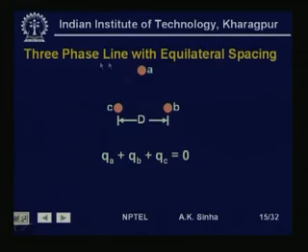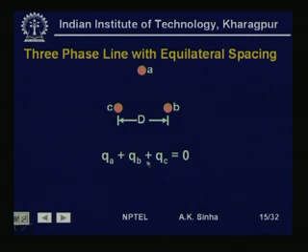We will start with the 3 phase line with equilateral spacing, because as we have seen for inductance calculation, if the line is transposed, we can always convert any system into an equivalent 3 phase equilateral spacing of the conductors by finding the equivalent distance DEQ. So, here we have an equilateral spacing, conductors A, B and C, each at a distance d from each other.